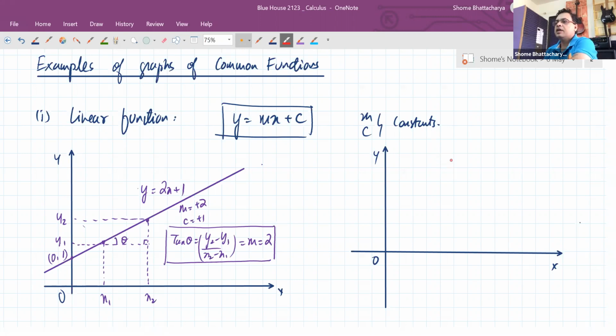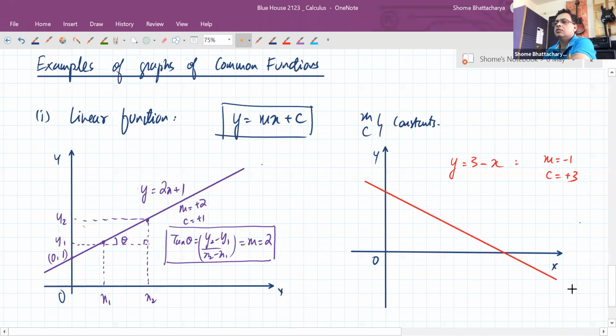Now, similarly, if we have a line, let's say y is equal to 3 minus x, this one has a slope which is negative, but a y-intercept which is positive. So it will have a shape which is basically something like this. It cuts the y-axis at a positive point, but has a negative slope.